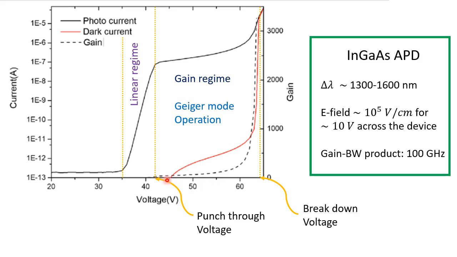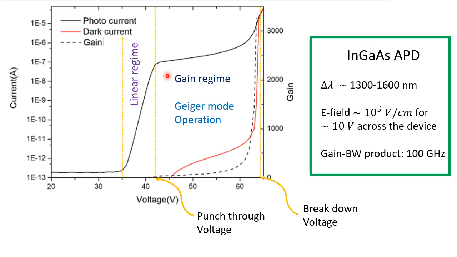You'll play around with the applied reverse bias voltage to be in the regime where the photocurrent gain dominates in comparison to the dark current. There is of course a breakdown voltage beyond which there is a runaway situation with the avalanche. This response curve is for the indium gallium arsenide APD, which is a rather famous APD in the communication wavelength region.